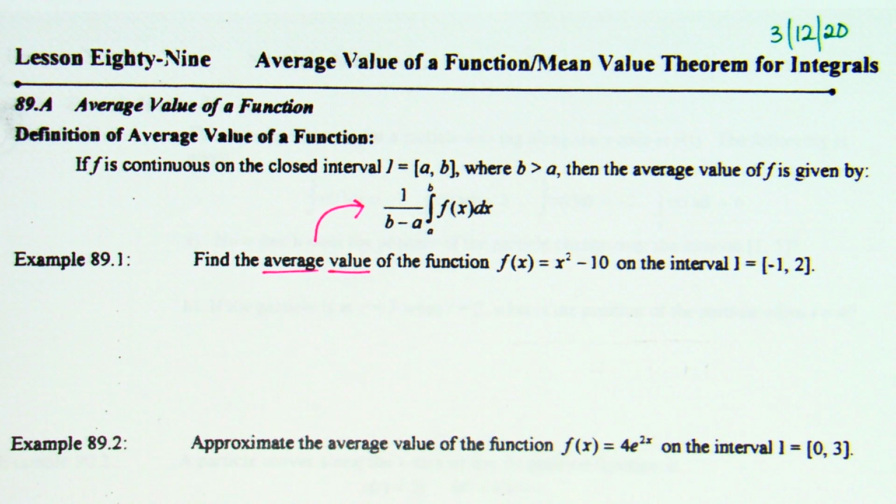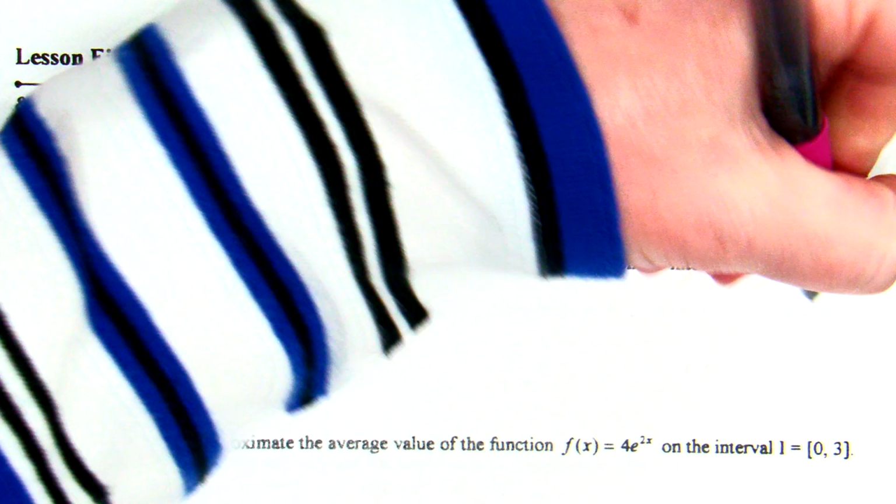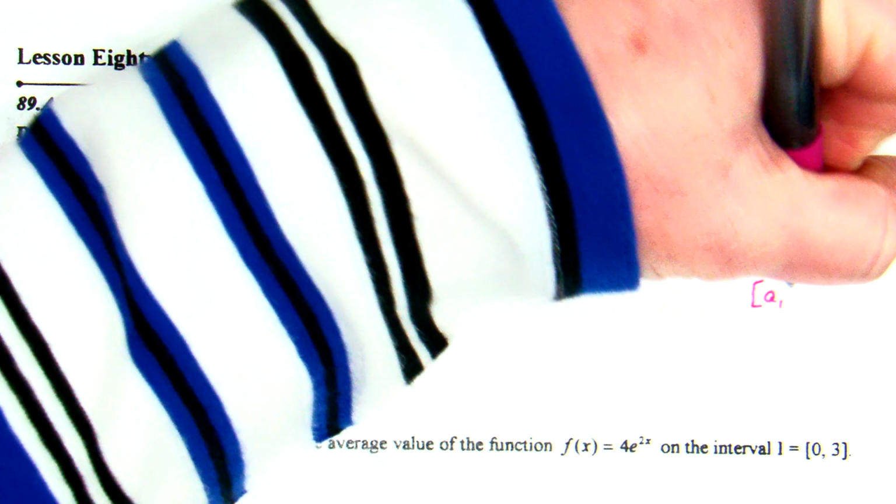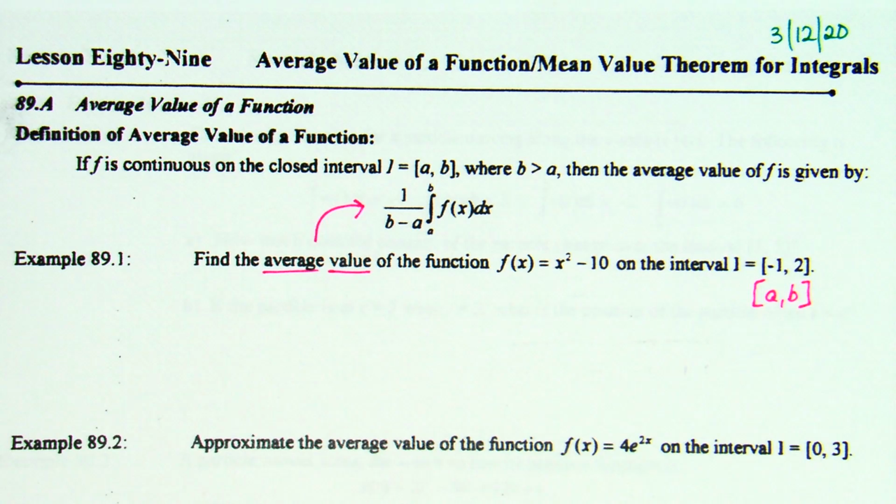Let me ask, what are a and b? B is 2, A is negative 1. Yes. Because it's in the order A, comma B, and it's also defined where B has to be larger than A. So let's fill it in.